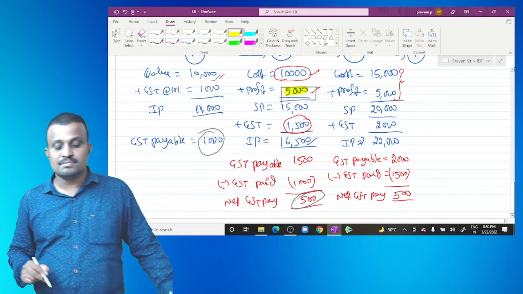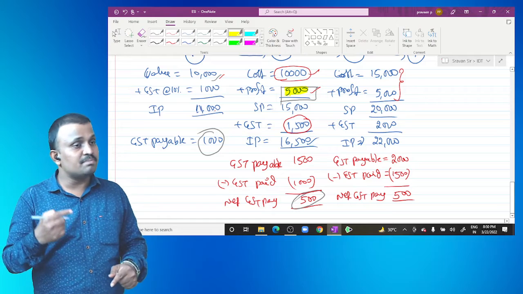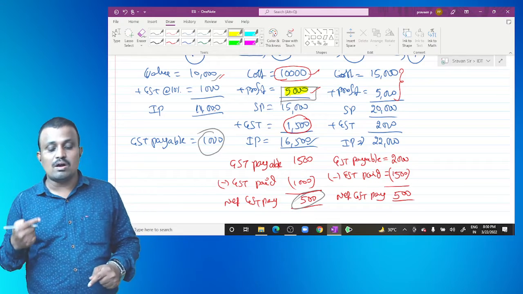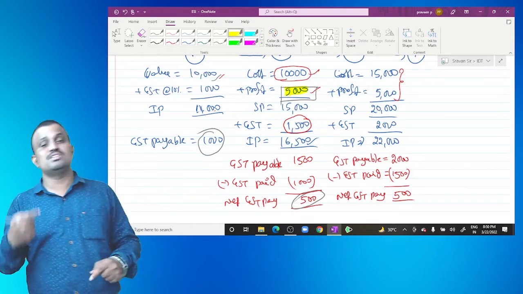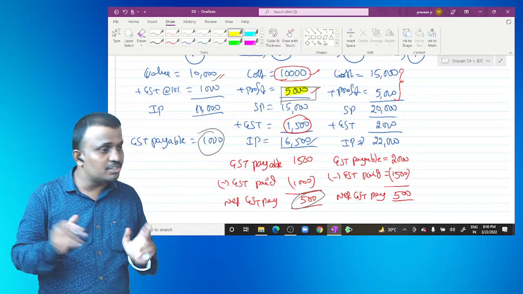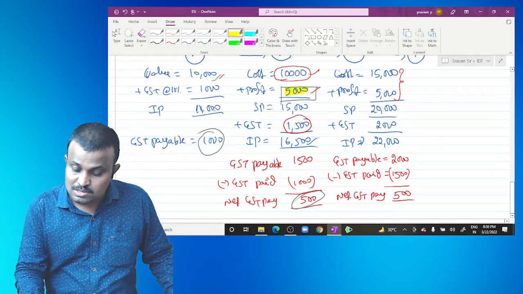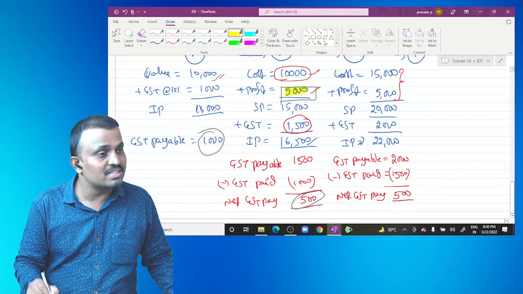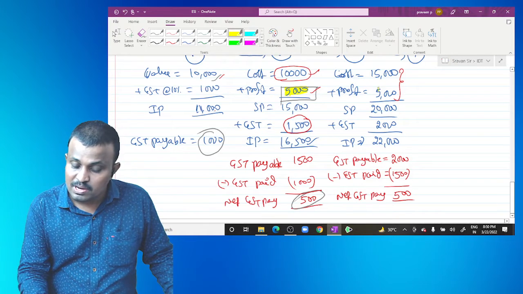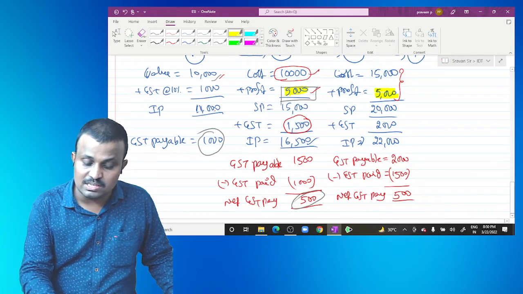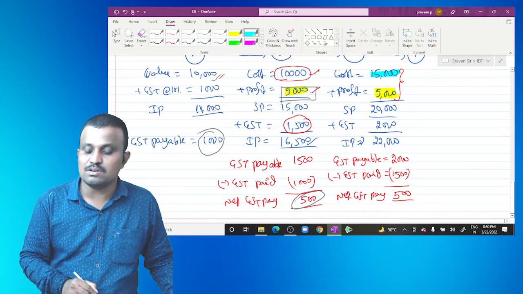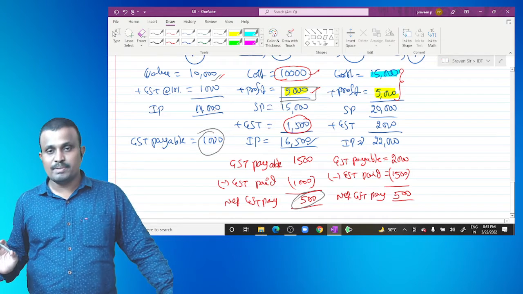Then what is the meaning? So here GST is paid by the party only on value addition during the period. So in this case also, the net amount paid by the party to the government is 500 only, because on this 15,000 he paid the tax at the time of purchase.